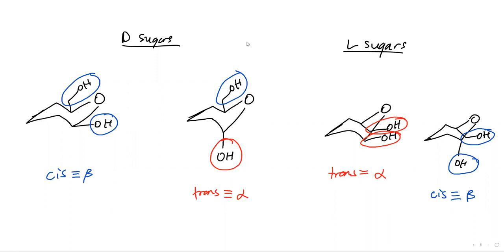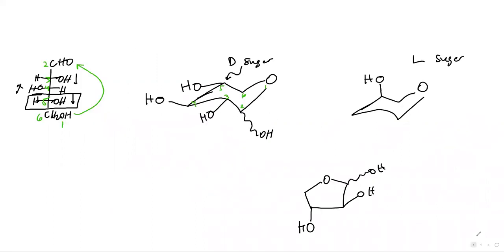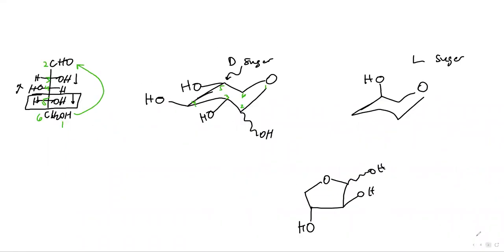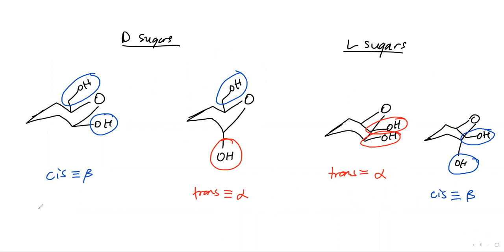Now, I know that this can be a very difficult topic, especially since we already covered two cyclizations where, like for this one example, there's not a CH2OH flying off the end there. So how can we tell? Well, a good rule of thumb is that for D sugars, if the anomeric OH is up, it's beta, and if the anomeric OH is down, it's alpha.